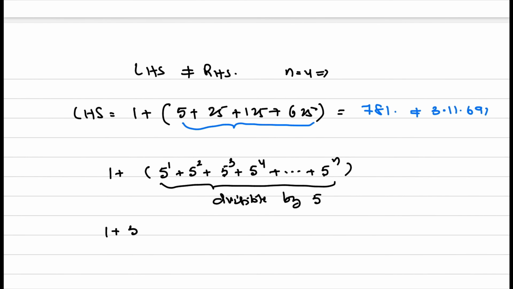One plus 5 cube something, this let us say is equal to q. Is it divisible by 3?